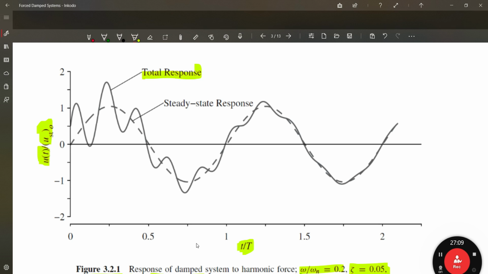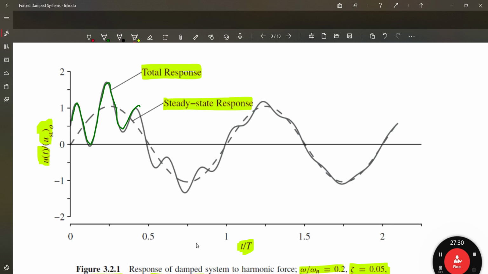This is the total response, which is the solid line that you can see here. And the other one, the dashed line, is the steady state response.